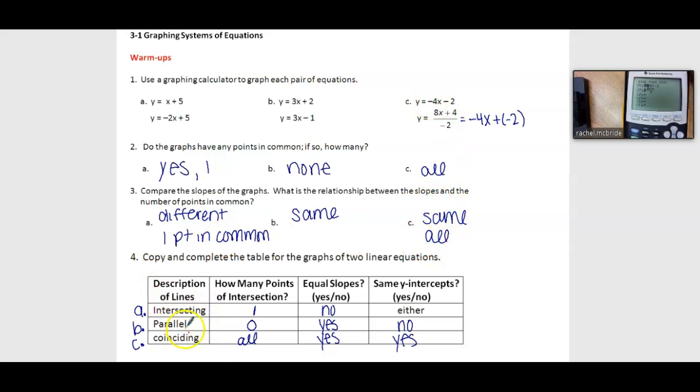So that leads us to what we're going to talk about today, which are 3 different types of lines. We have intersecting, parallel, and coinciding. Intersecting lines are 2 lines that meet at a single point. Parallel lines have no points in common, and coinciding lines have all points in common.